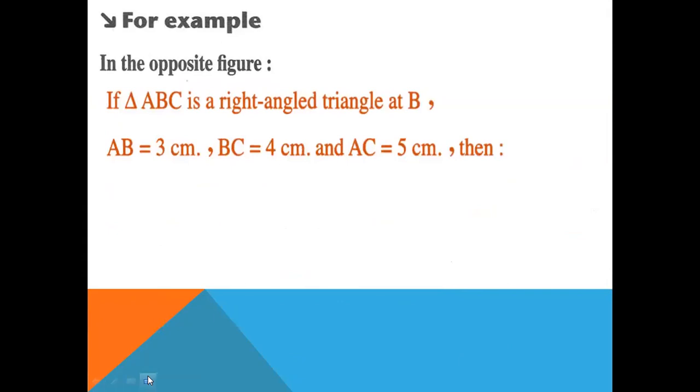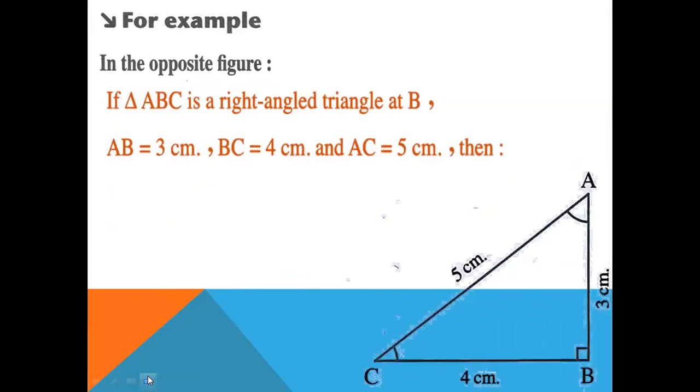Another example. In the opposite figure, we have a right angle triangle at B, AB equals 3 and BC equals 4 and AC equals 5. Then we need to find sine C. Who can tell me sine? Sine means su. This is the opposite, this is the adjacent, and this is the hypotenuse.